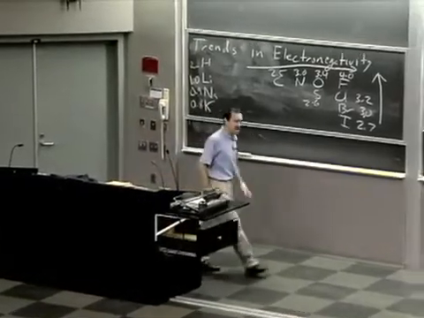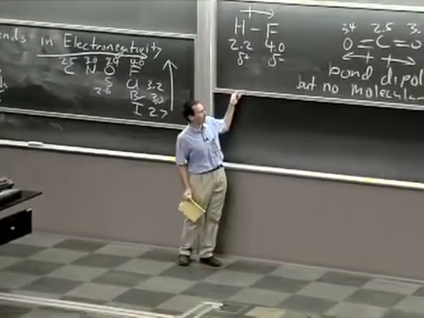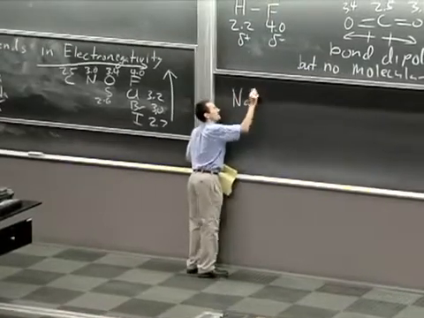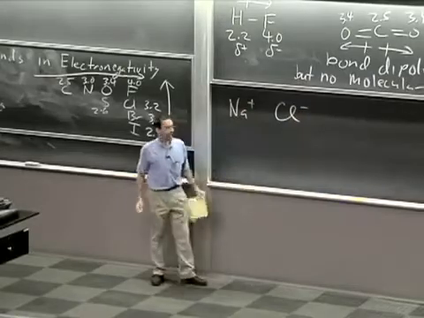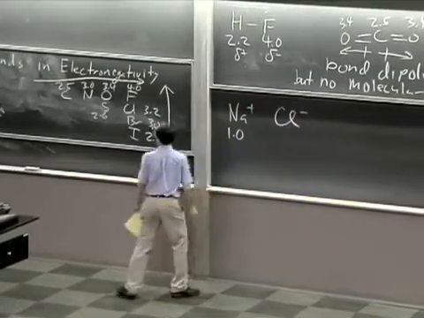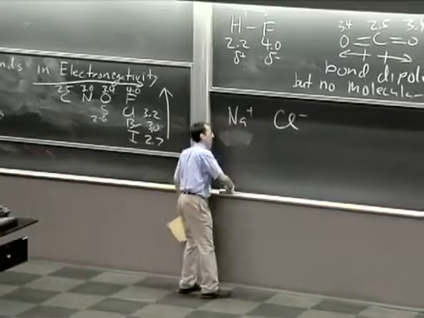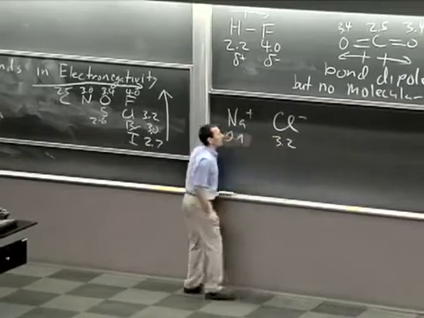And then just for the sake of contrast, I think last time I put up sodium chloride and magnesium oxide. So we said they were ionic compounds. Now I've given us some electronegativities, and we have 0.9 for sodium and 3.2 for chlorine.